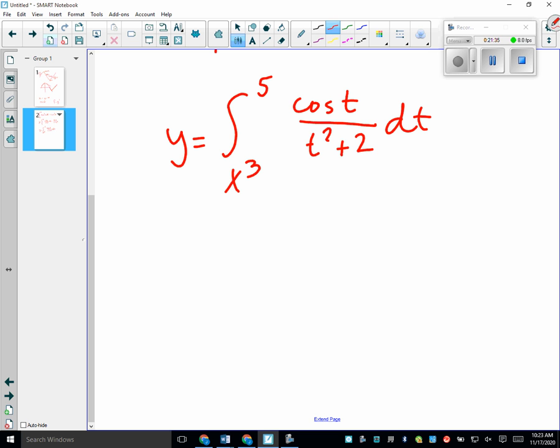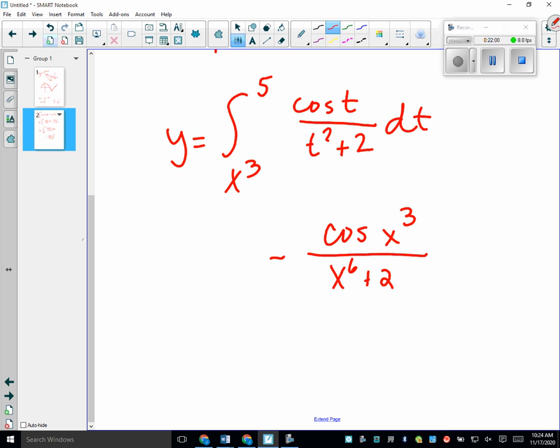Now, what am I putting in place of t this time? X cubed, right? So I have the negative cosine of x cubed over, isn't this going to be x to the 6th plus 2?